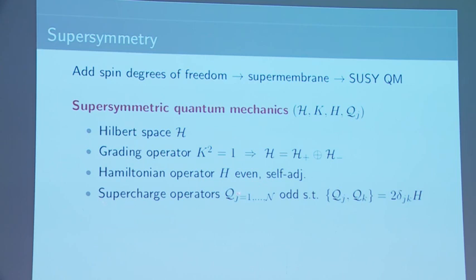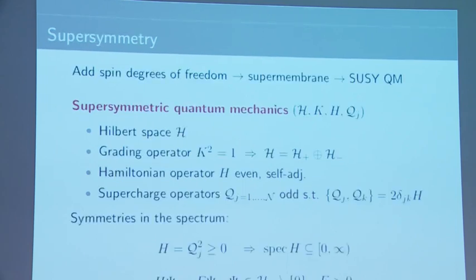But then you have these supercharge operators, Qj, and if there are curly N of them, we say that there's an N-extended supersymmetry. These should be odd operators, so they map the even to the odd and the odd to the even, interchanging these spaces. And they should satisfy essentially this Clifford type algebra: the square of each Qj should be the Hamiltonian, but they should also anti-commute.